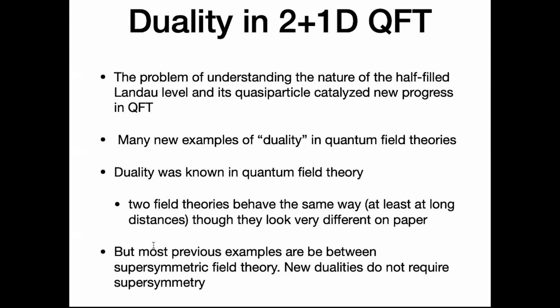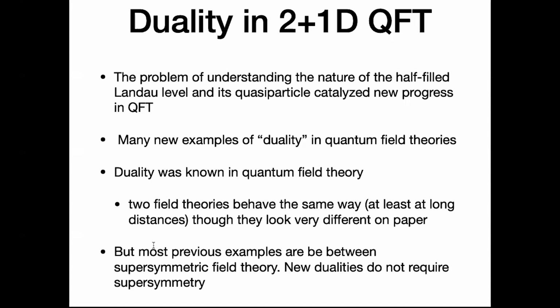Many of these examples can be proven in one spatial dimension. But there are examples in higher dimensions, 2 plus 1 and 3 plus 1 dimensions, which people believe to be true based on very non-trivial checks. So there are usually no explicit proofs of the duality.